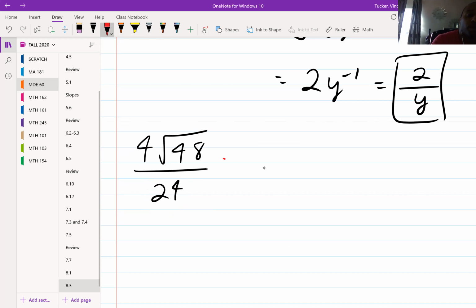Okay, so if I wanted to simplify where we are before I look at what's under the radical, this 4 can simplify into the 24 and leave you with just 6. 24 is 4 times 6. So now we're looking at the square root of 48 over 6.